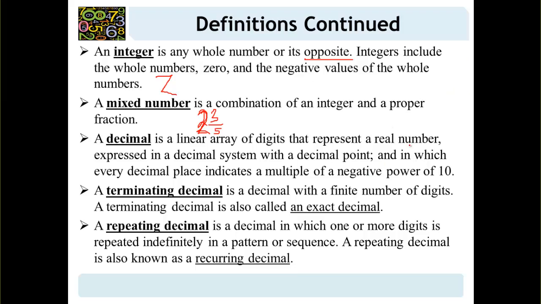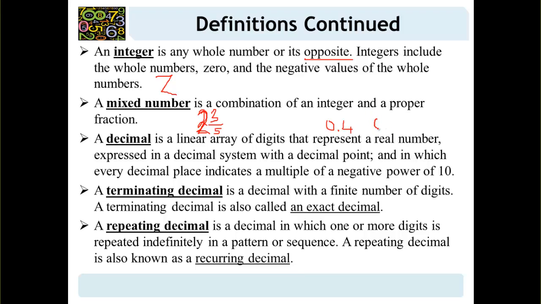Whenever you have something like 0.4, you've seen a decimal point, so this is a decimal. And then this 4 means 4 times 10 to the negative 1. It is the first decimal place.